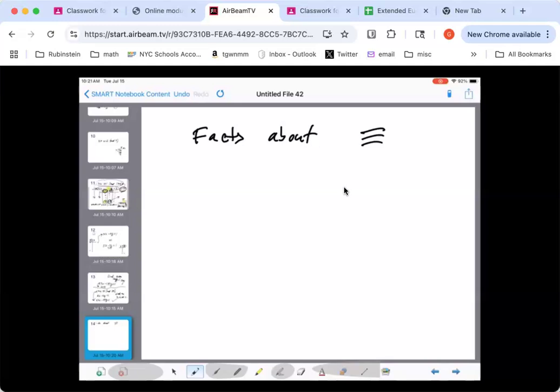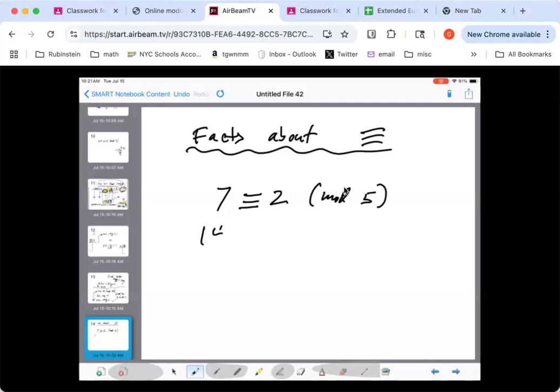Now, here's a couple of things. Let's start with a true congruence. It is true, we'd all agree, that 7 is congruent to 2 mod 5. Like that's true. It's also true that 14 is congruent to, I'm also going to stick with mod 5.